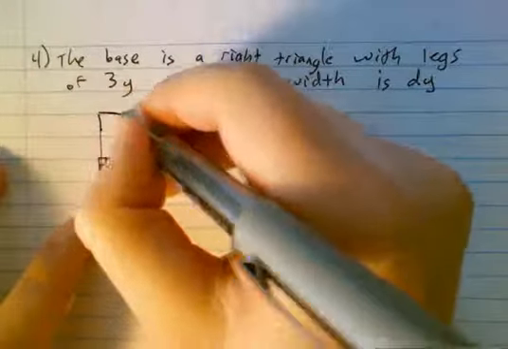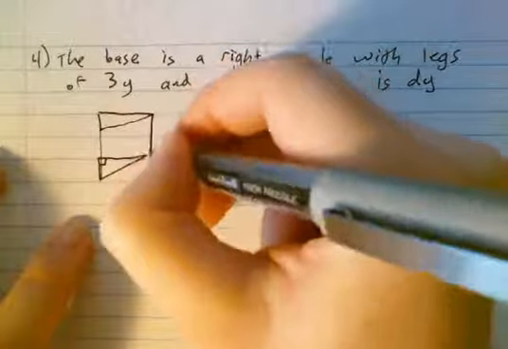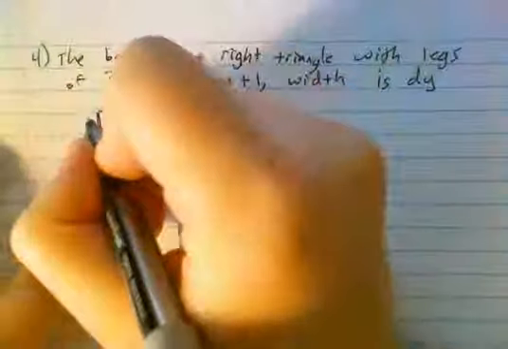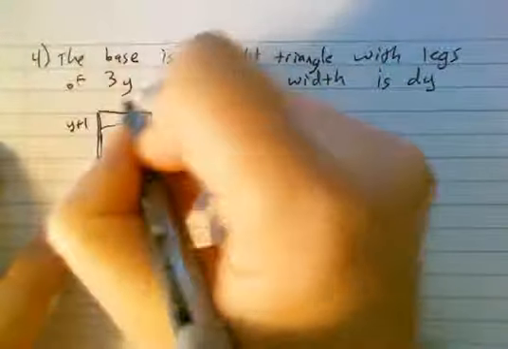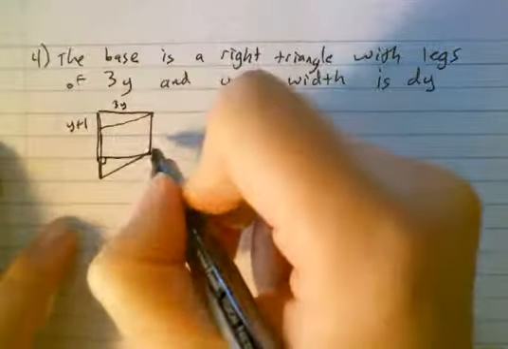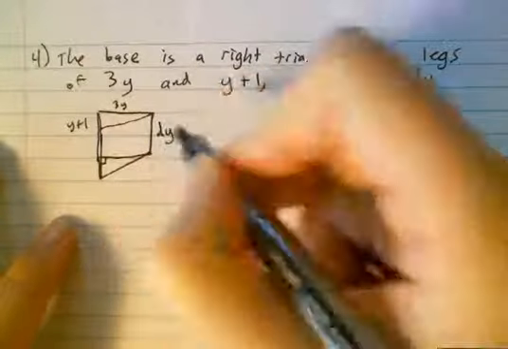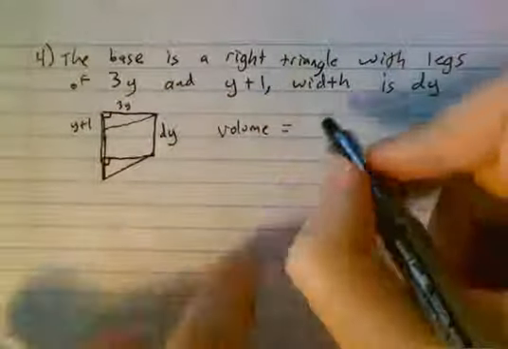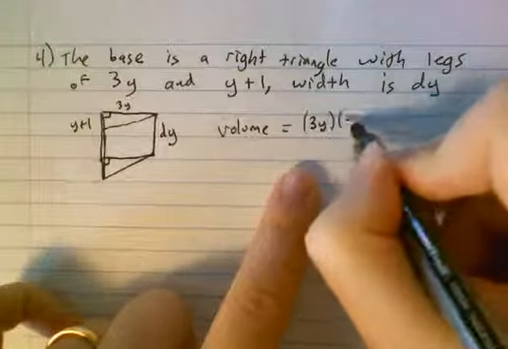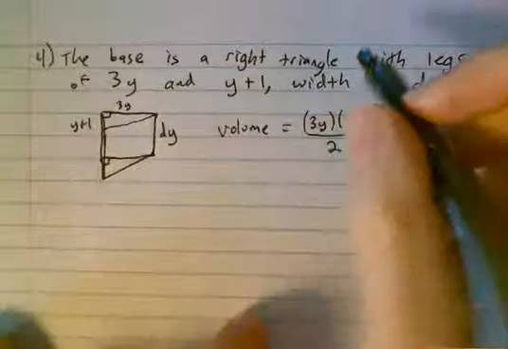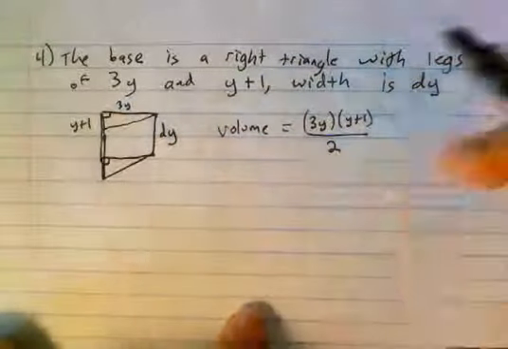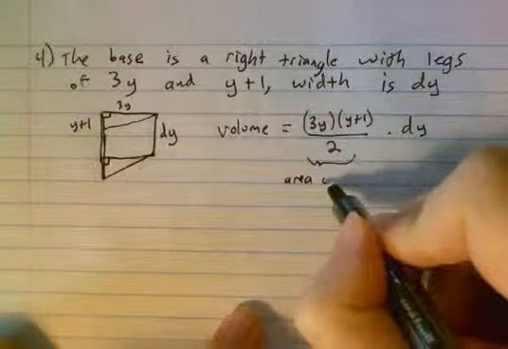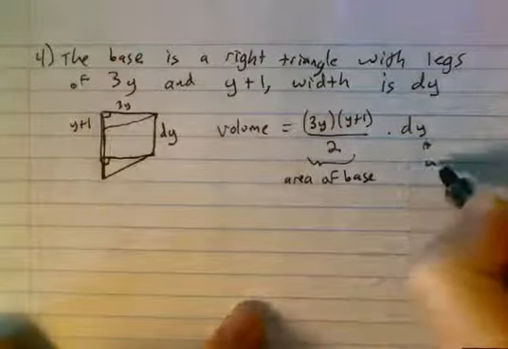Here's our other base. I'll extend that out there. Okay, so we're saying that the legs are y plus 1 and 3y, and that the width or the height is dy. So that means that the volume is the area of this base, so 3y times y plus 1, divided by 2. Base times height divided by 2 being the area of the triangle, and then times dy, so this was area of base, and then width.